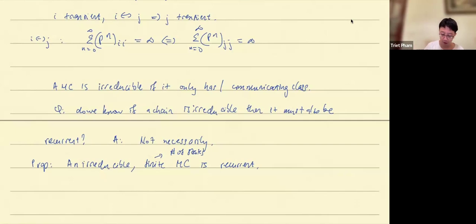But let's see how we can prove this first. Prove that an irreducible finite Markov chain is recurrent. How do we prove this?